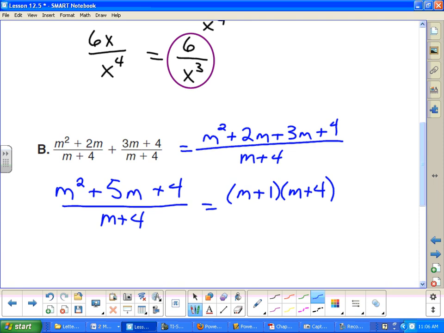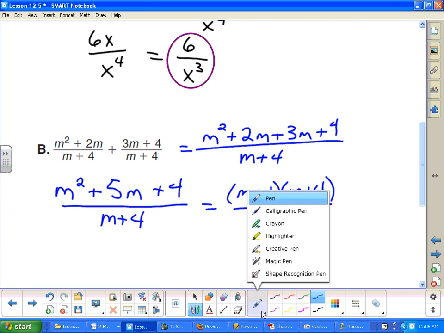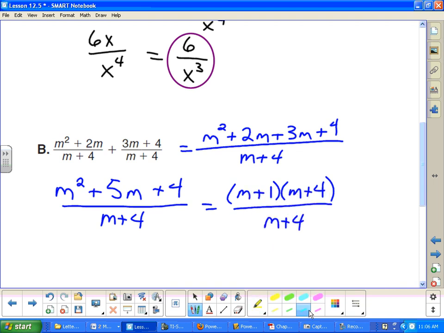And if I factor the numerator, I get m plus 4 and m plus 1. So I do have a common factor with the numerator and denominator, so I can simplify that. So m plus 4 goes into itself one time. So then we're left with m plus 1.